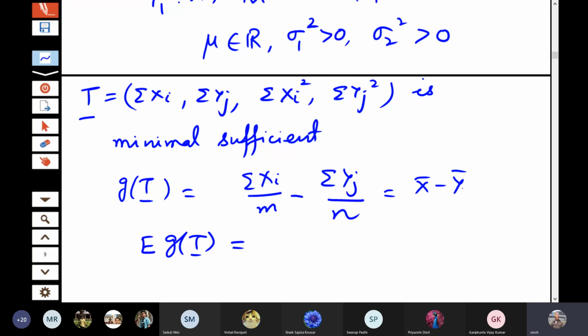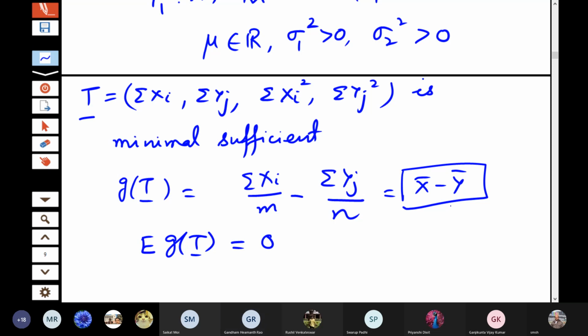It is 0, because the expectation of x bar and the expectation of y bar are both mu. So this is 0. But what can you say about this function g(T)? Is this function 0?